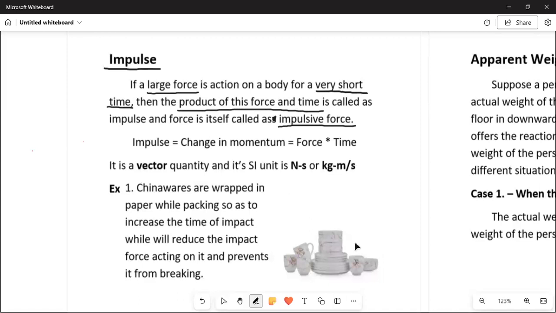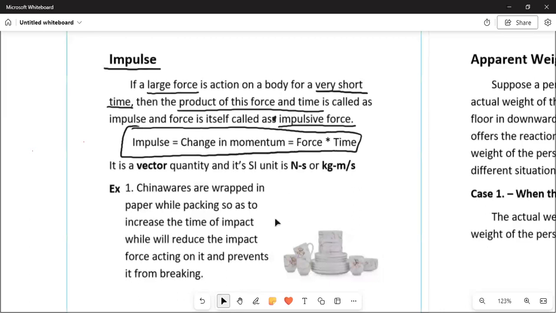And we have the formula for impulse, which is impulse is equal to change in momentum, and this change in momentum is also equal to force into time.